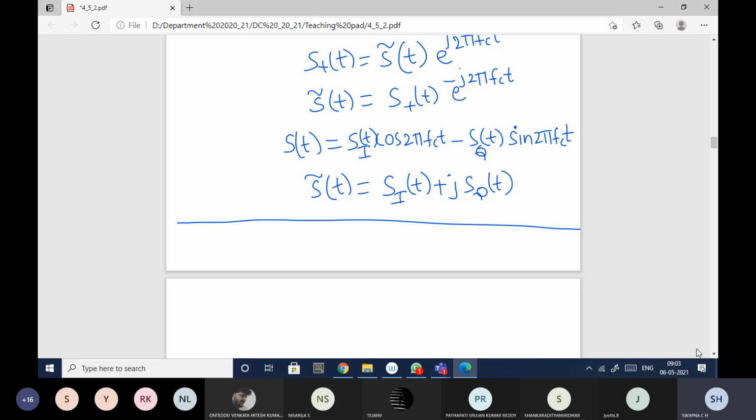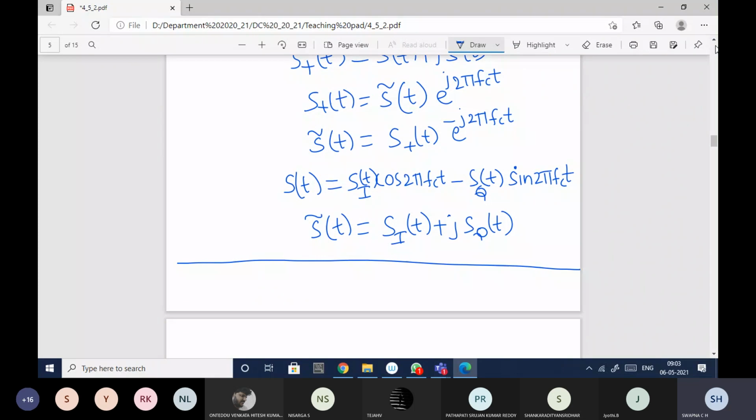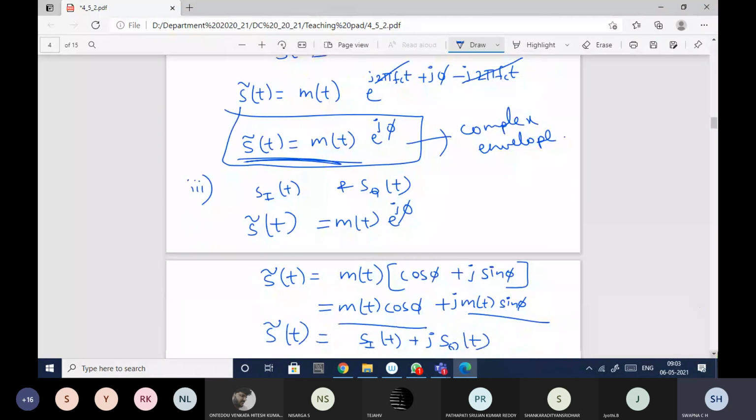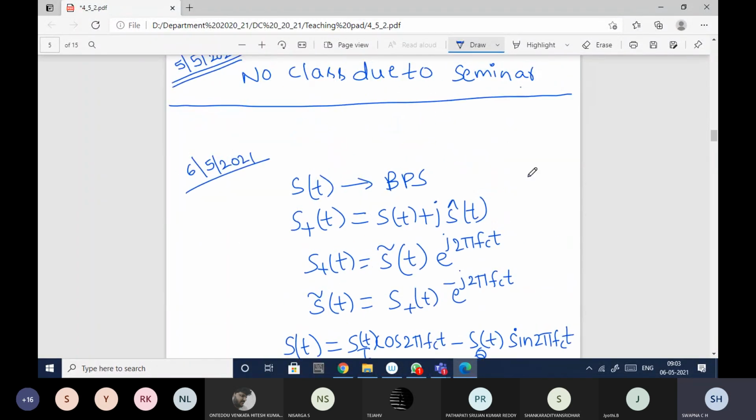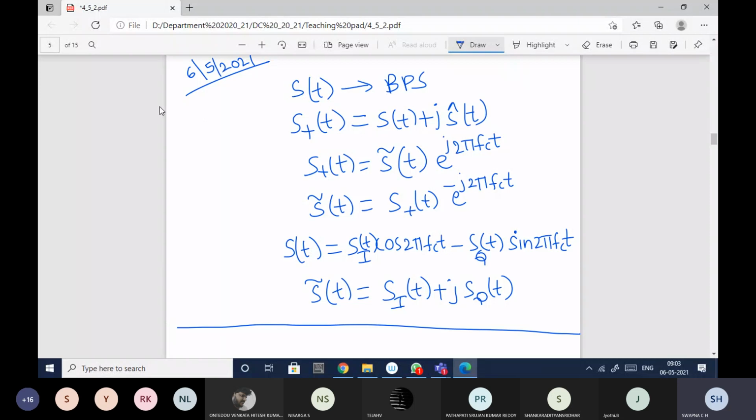So now let me go with the next topic. We have seen how to represent the bandpass signals in complex form, that is, signals in the form of the complex envelope.